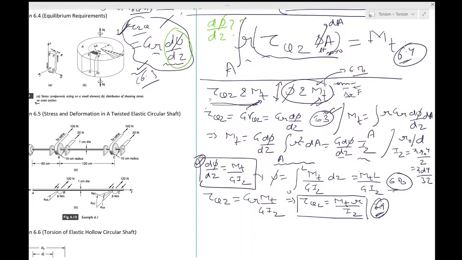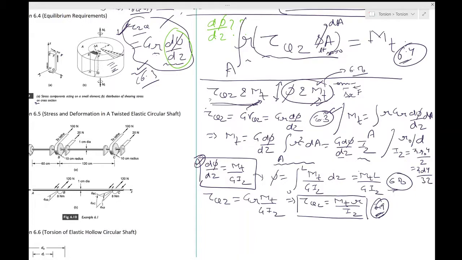Furthermore, the boundary condition of no stress on the outside cylindrical surface is satisfied, because if this is the shaft, there is no stress on the outside.